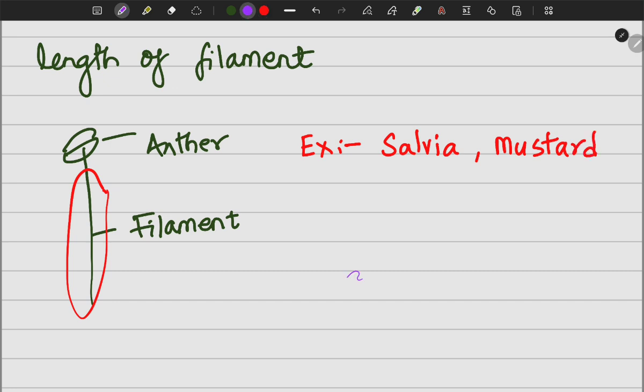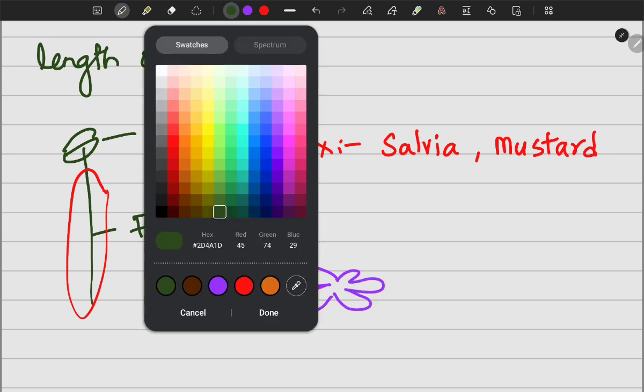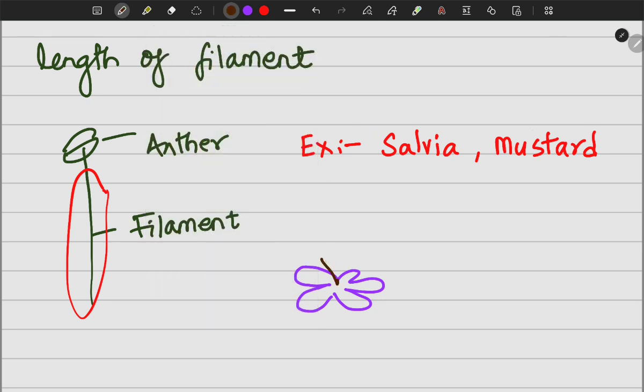Alright, so if this is the flower, the length of the filament can vary like this within the flower. Examples for such flower are salvia and mustard. So I hope all these terms are clear to you. That's all for this lecture. Thank you so much.